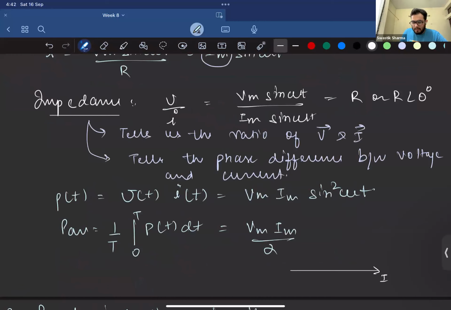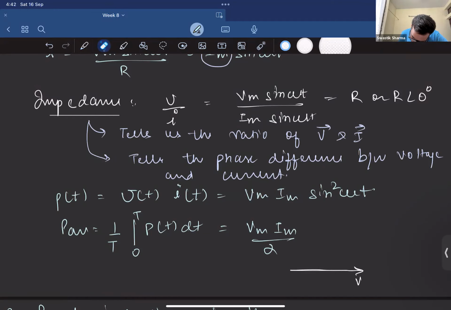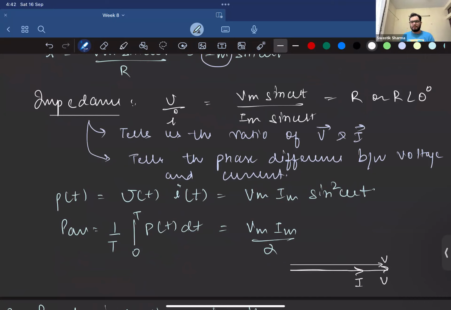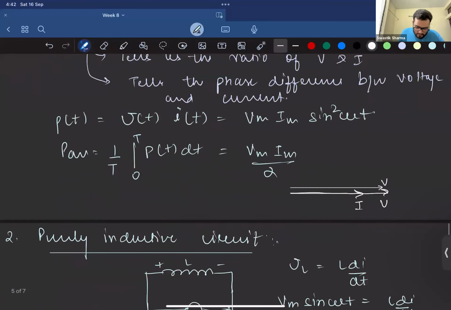Taking current as a reference, if this is I, we can either represent it like this, or we can also represent it like this. Both of them are fine, right?